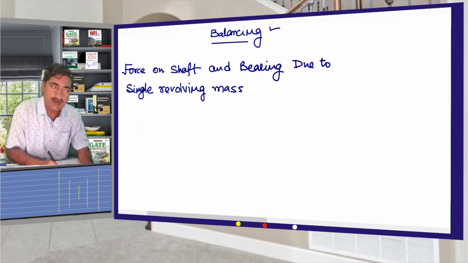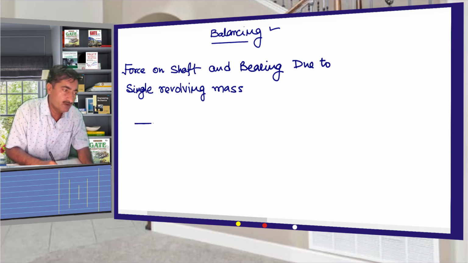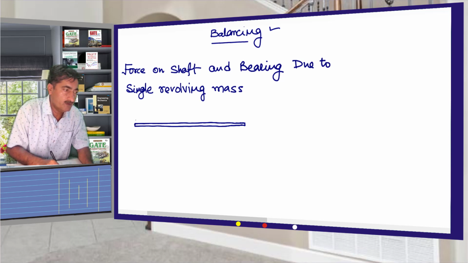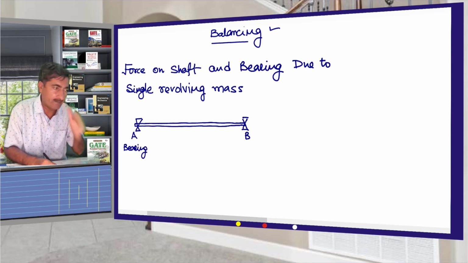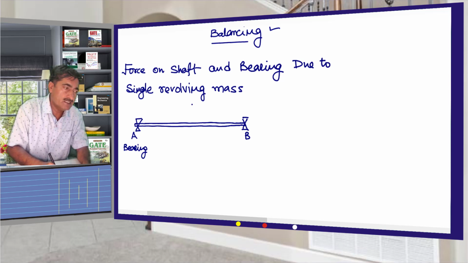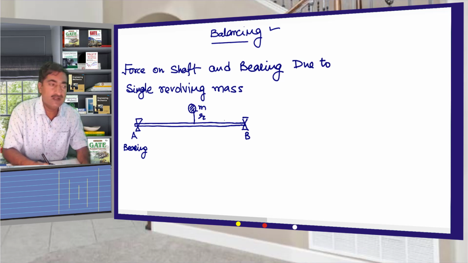Now consider a shaft having a mass. This is the shaft, and these are the bearings, bearing at A and bearing at B. This is the mass at radius r, and this shaft rotates with angular velocity omega.